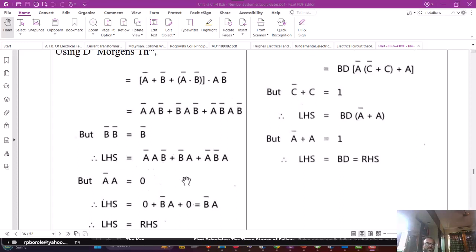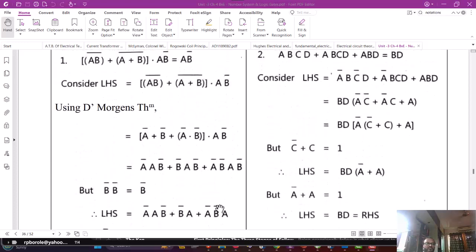And therefore here you will see A and A complement will be replaced by 0. So this 0 and B bar is 0. B bar A as it is. And the last term, A complement and A, again 0. And therefore it comes out to be B bar A.